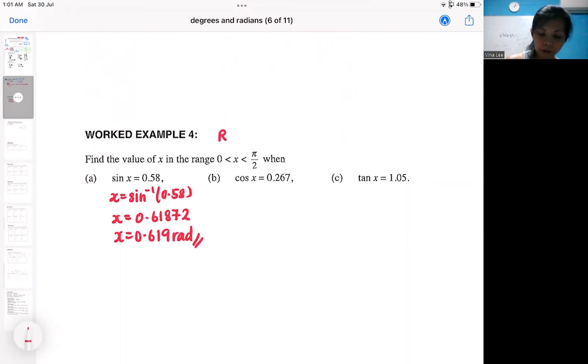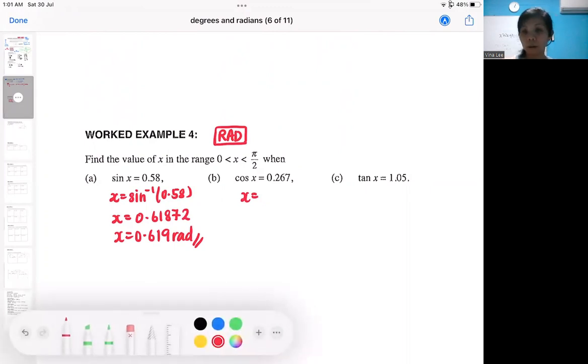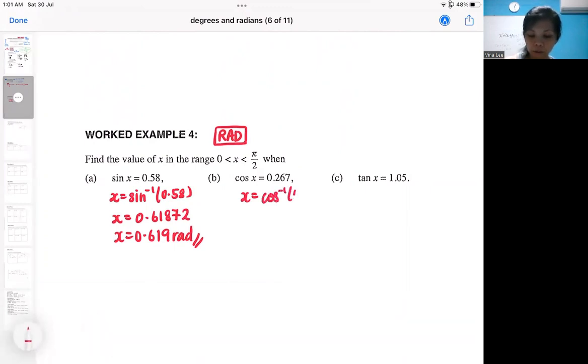When you do a sine inverse, you are getting the angle in radian. If you want it in degree, then you do it in degree mode, and your angles will be in degree. It will correspond to the mode that you use. I'm doing exactly the same pressing, but because I'm in a different mode, my answer will be different. So this is 1.30 radian.